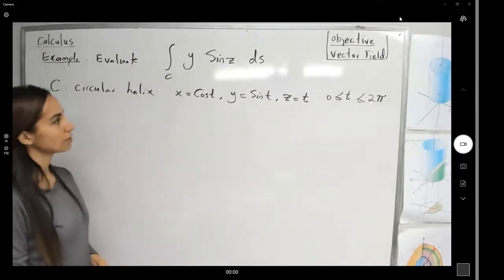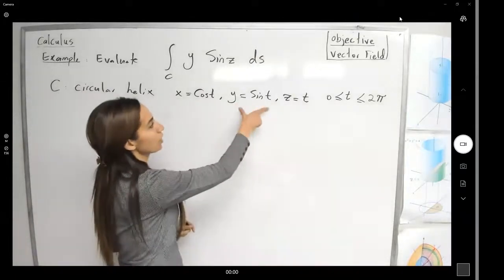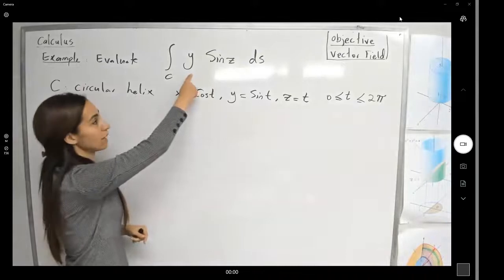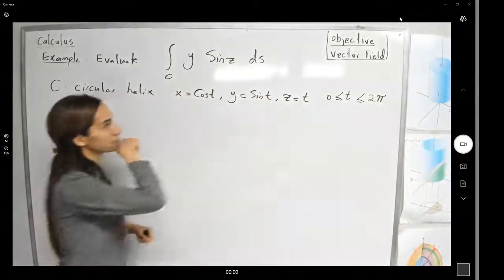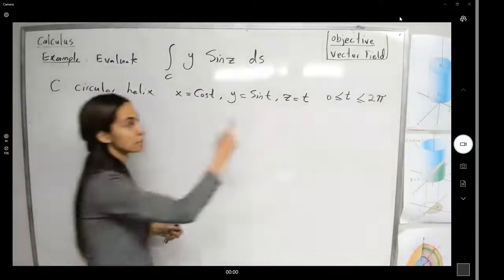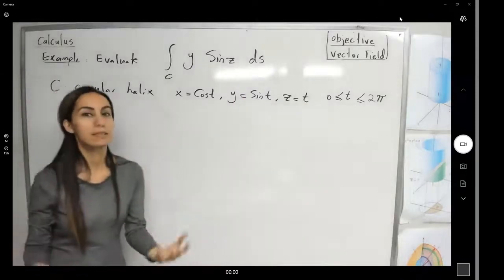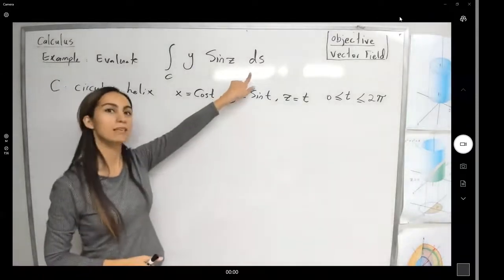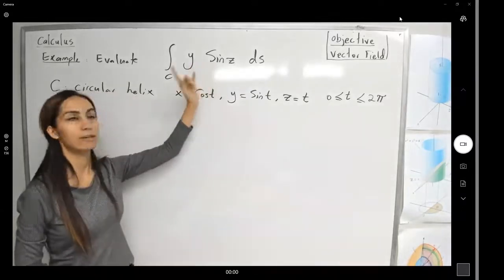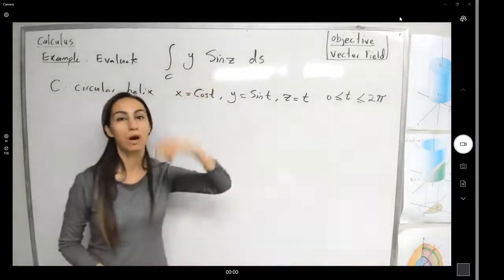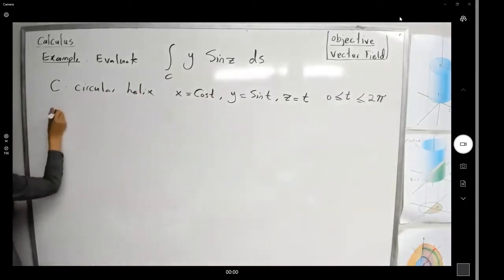So you might say that I already know y is equal to sine of t, so I can substitute that here. z is equal to t, I can substitute it here. And I already know that t is bounded between 0 and 2 pi. What's left? ds is left. So step by step, we try to convert everything and write it in terms of t. So note that.